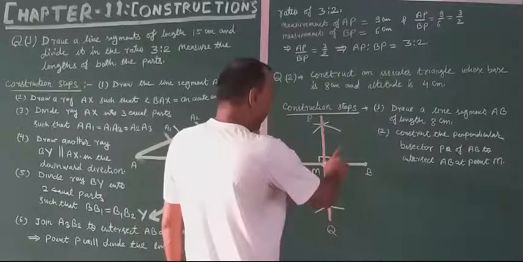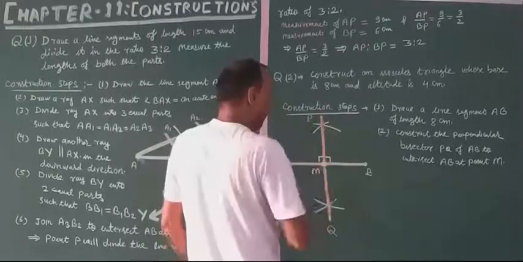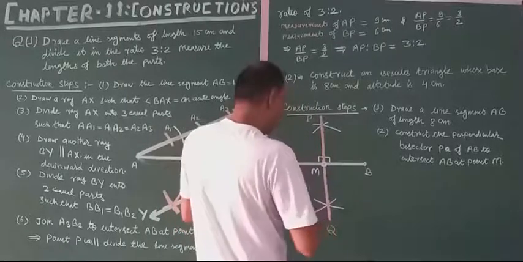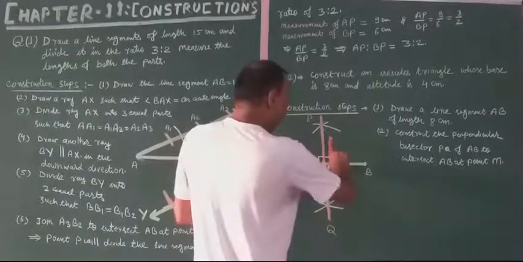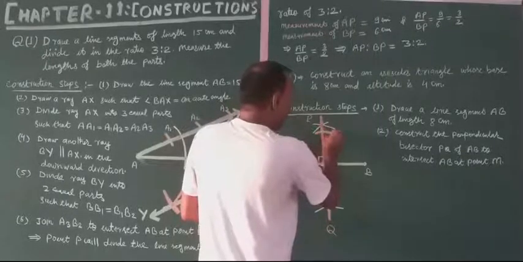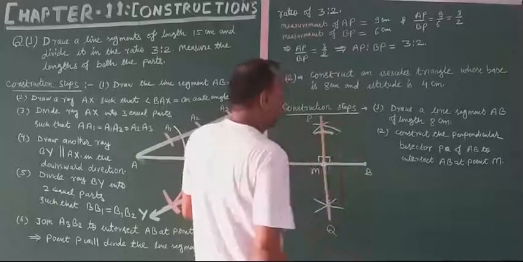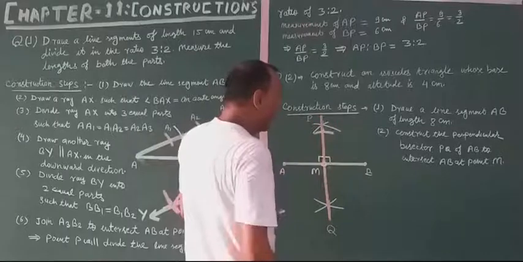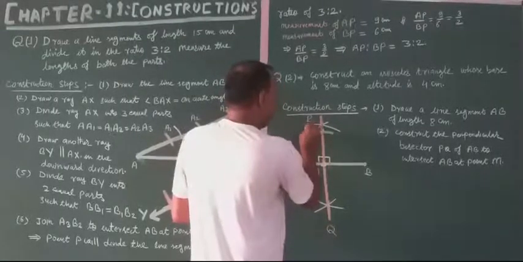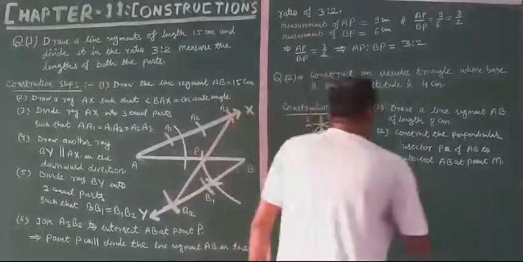We will cut off an arc which intersects the perpendicular bisector PQ at point C. This is step number 3.